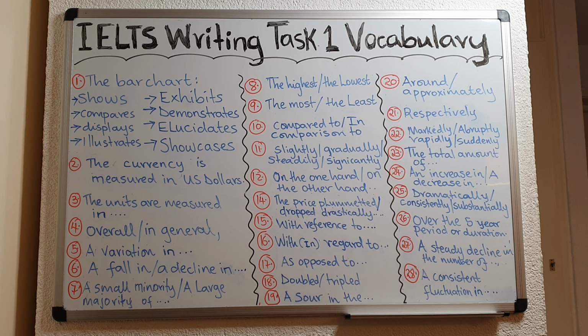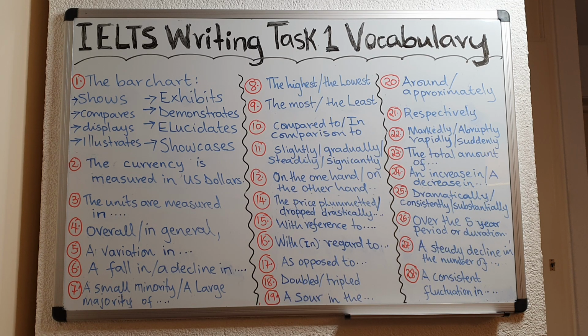You can also say, for example, according to the first pie chart, most of the people in the United Kingdom prefer to eat fruits, whereas in the United States, the least amount of people prefer to eat fast food.